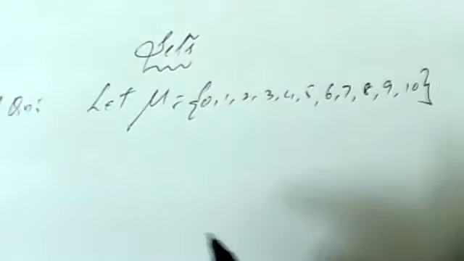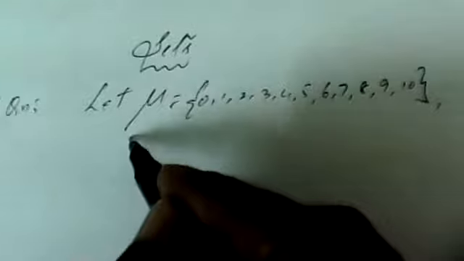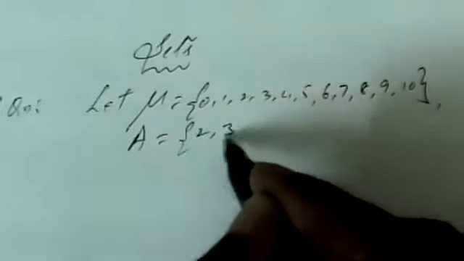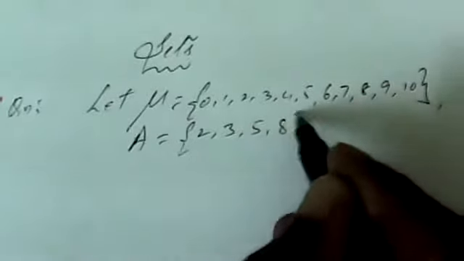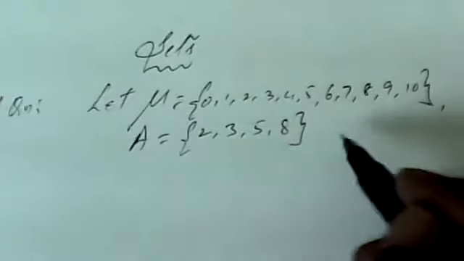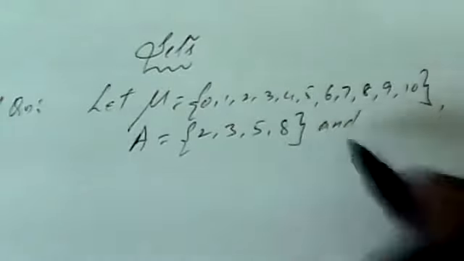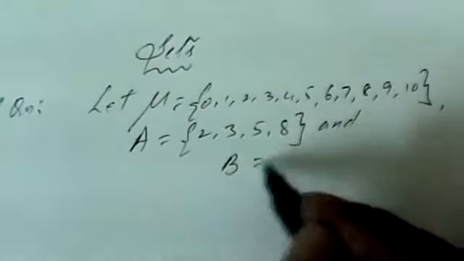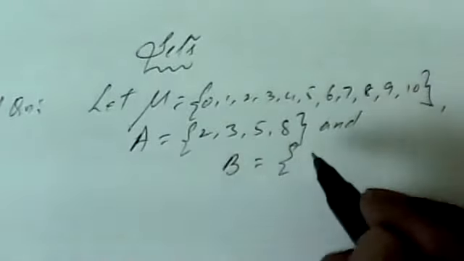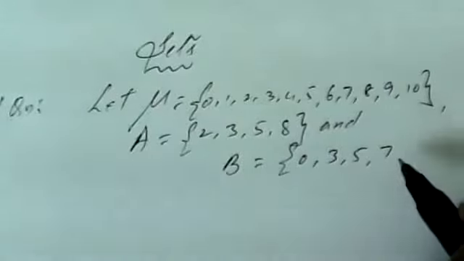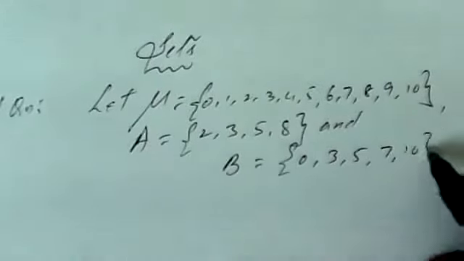So this is a universal set. Set A is equal to 2, 3, 5, 8. And B is equal to 0, 3, 5, 7, 10.